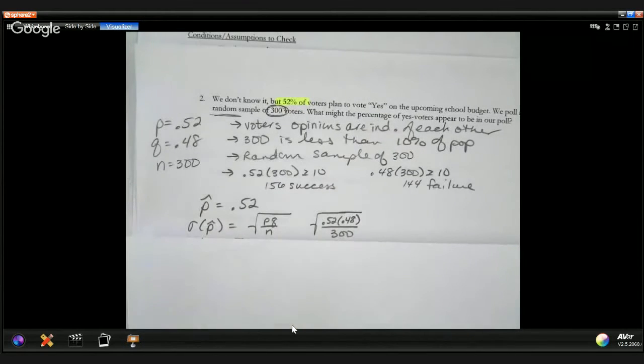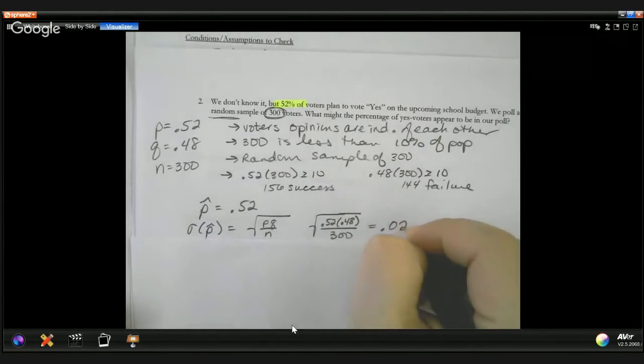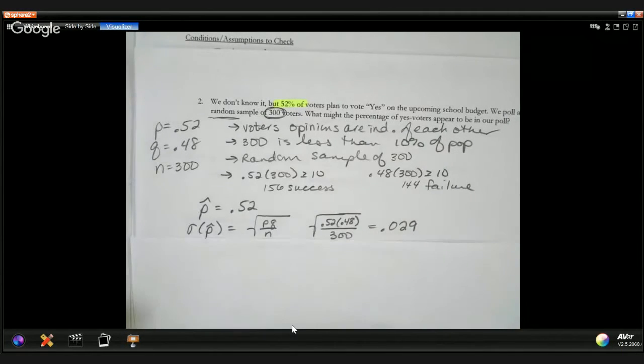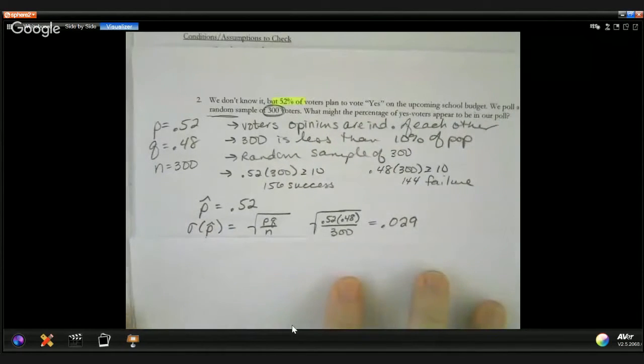So I'm going to multiply those out and divide and take the square root. And so I have a standard deviation of 0.029.